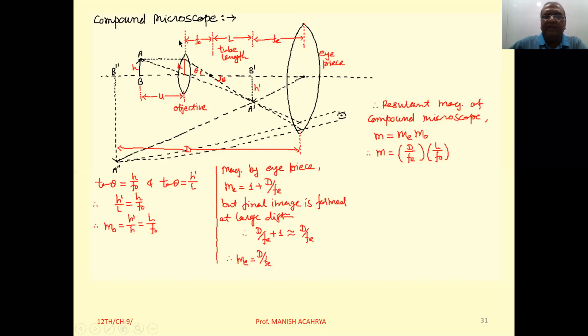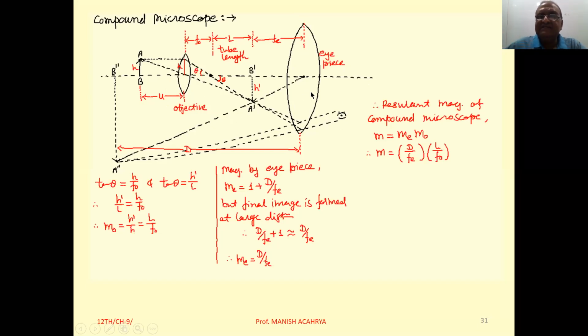Now the compound microscope is actually a system of two lenses, one lens that is the smaller one, another one that is larger. The object is placed against the smaller lens, which is known as the objective, and the final image formed by this lens system is observed through the larger lens by the observer as shown in the figure.